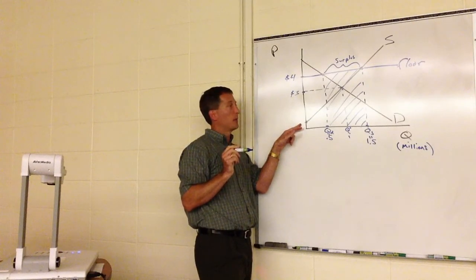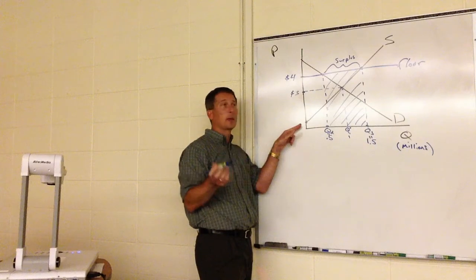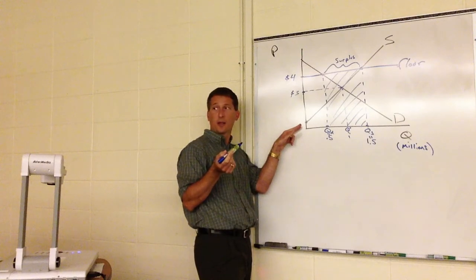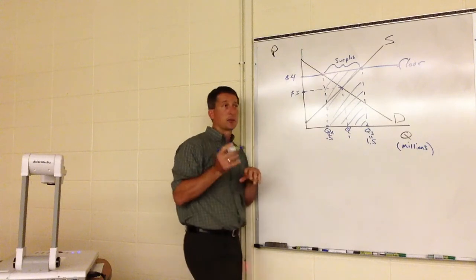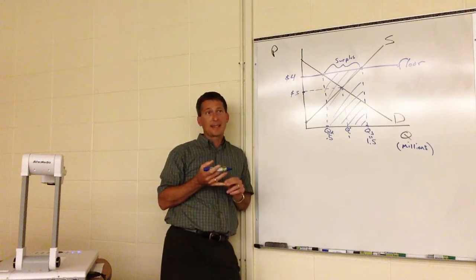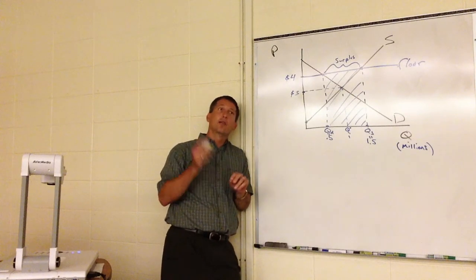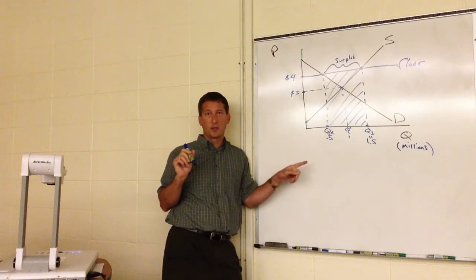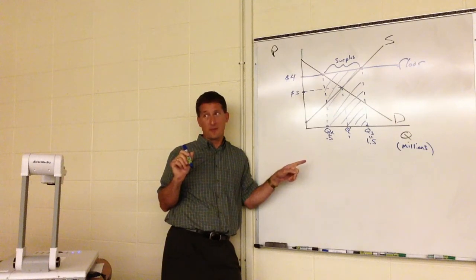Does the beef farmer, cattle rancher care whether the government buys it or whether people buy it? Do they give a rip? No, because they still get $4. So producer surplus is the difference between the amount that the producer actually gets and the minimum amount they must get for each unit sold. How many units are being sold? 1.5 million.